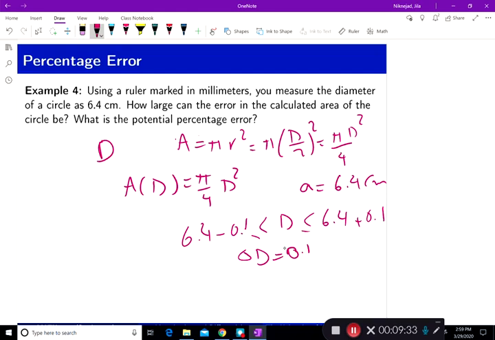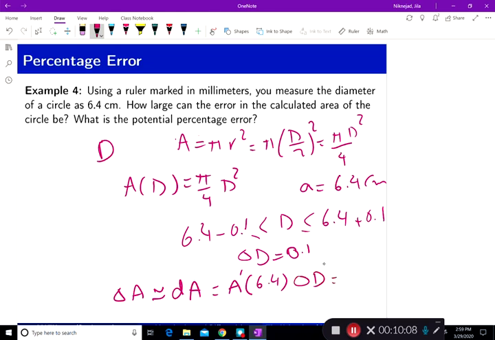Now, the question is, how do I find the error? Error is delta A, and delta A is approximated by dA. What is dA? dA is the derivative evaluated at a, which is 6.4, times delta d.